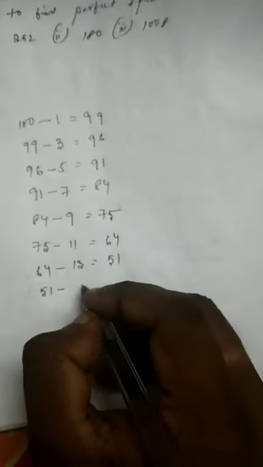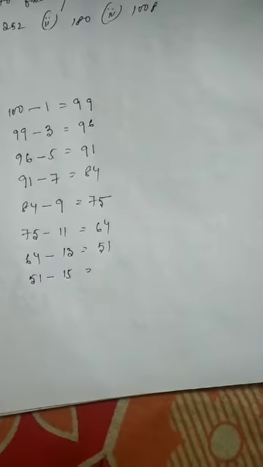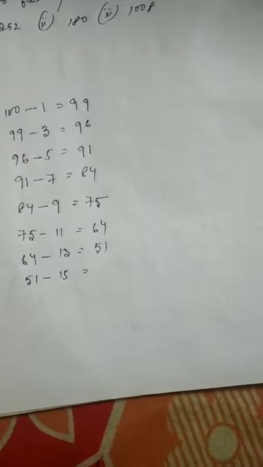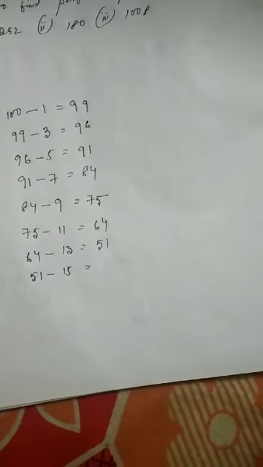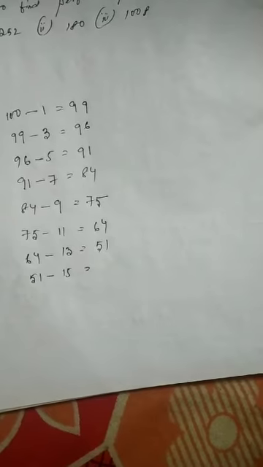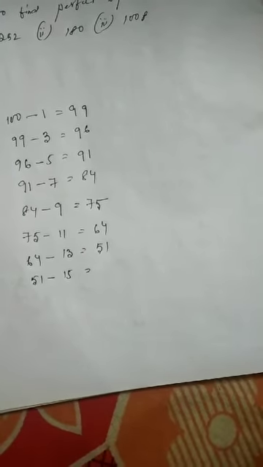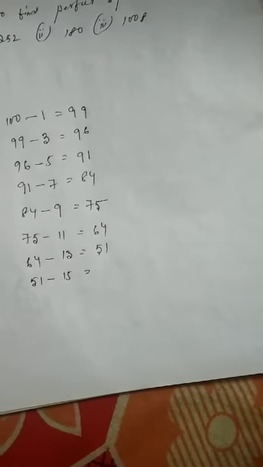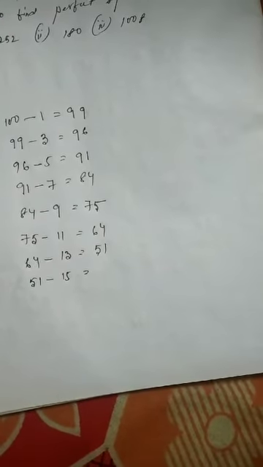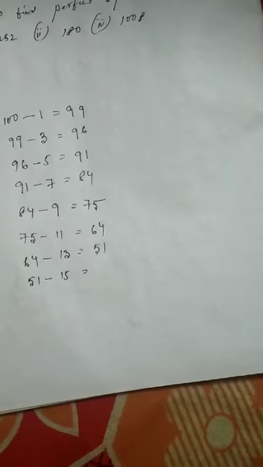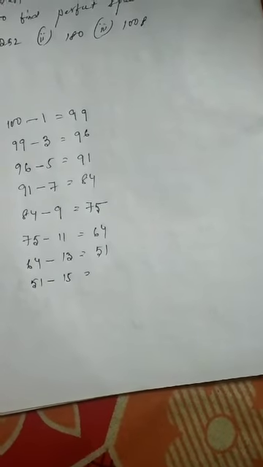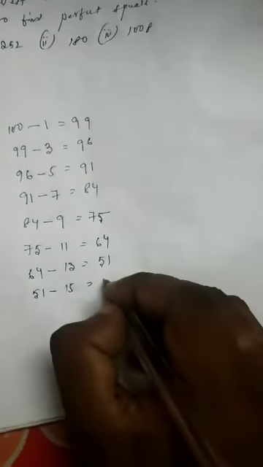Next odd number is 15. 51 minus 15, that is 36.